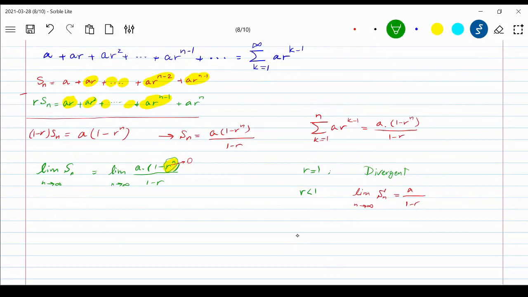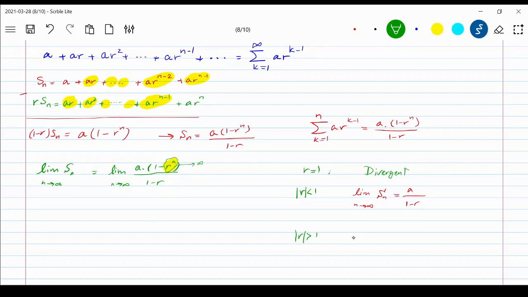And if r is greater than 1, by the way, maybe I should say absolute value. In case of negative, you still follow the same structure. If the absolute value of r is greater than 1, then the numerator would be approaching infinity. So you have infinity times a constant divided by another constant.